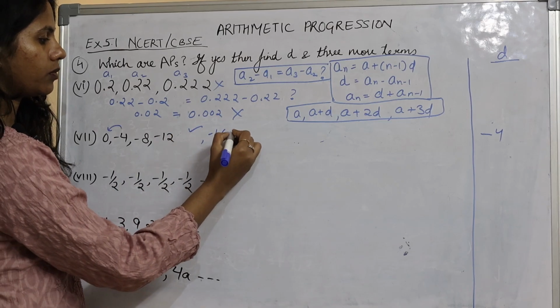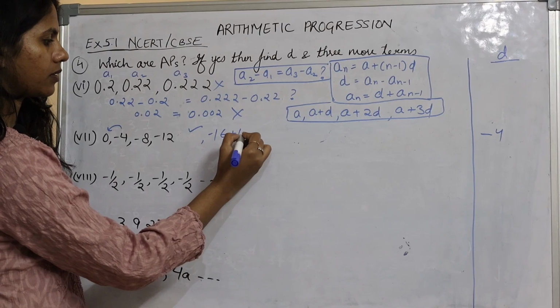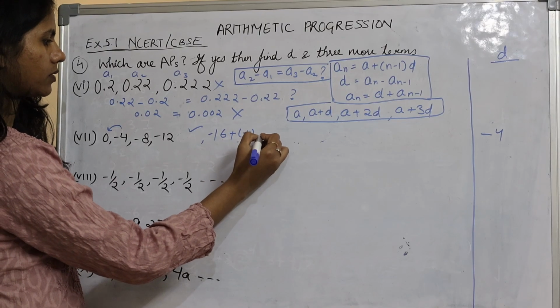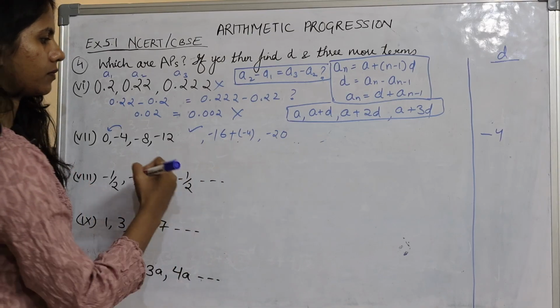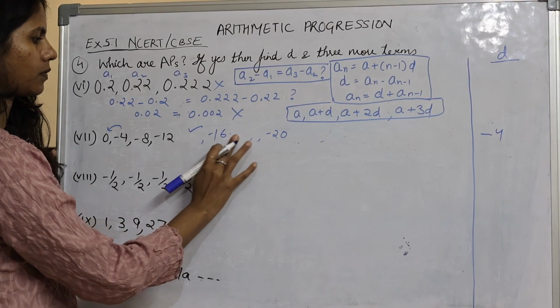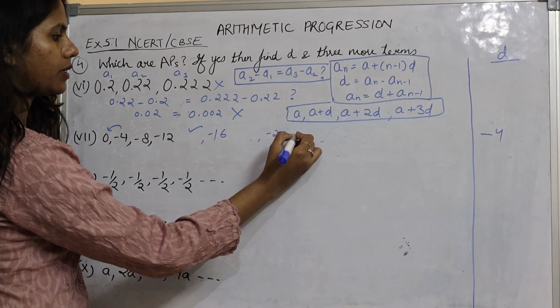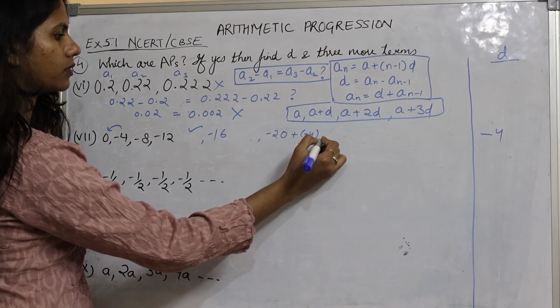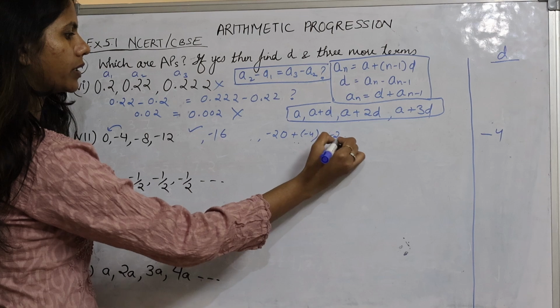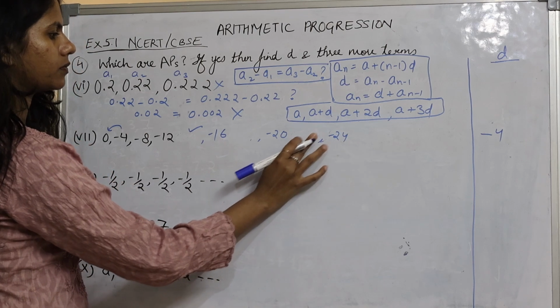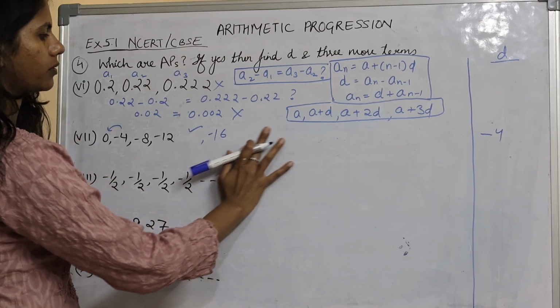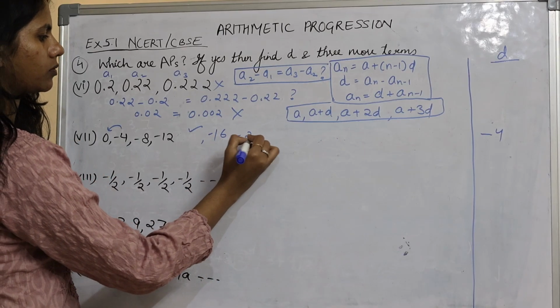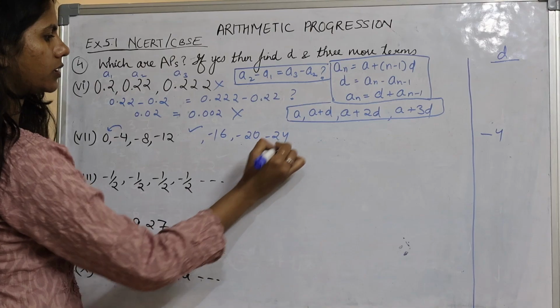Now minus 16 plus minus 4, which is minus 20. Now minus 20 plus minus 4, which is minus 24. So minus 16, minus 20, minus 24 are the next terms.